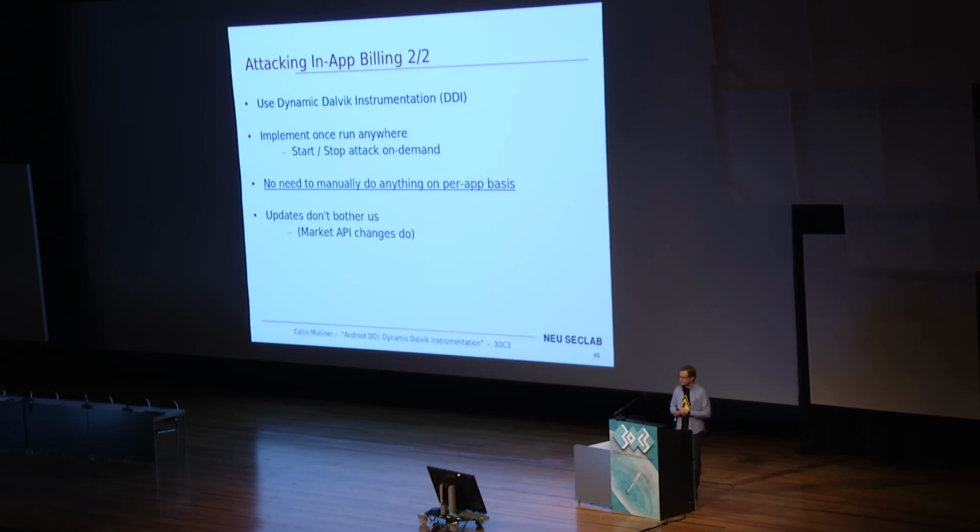So what do we use? Of course, we use our dynamic instrumentation tool. And the nice thing, you can build this attack which you can start and stop on demand. So if you say, okay, I want to play this game, I want to get some coins, you just start it, play the game, and then afterwards we can really stop it. And the nice thing is we never actually have to look at how an application works. The attack is completely transparent towards the application.